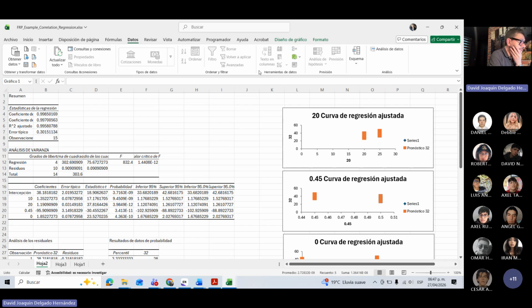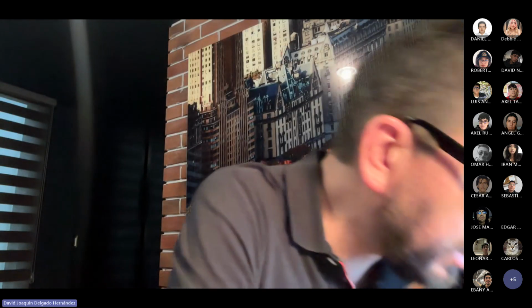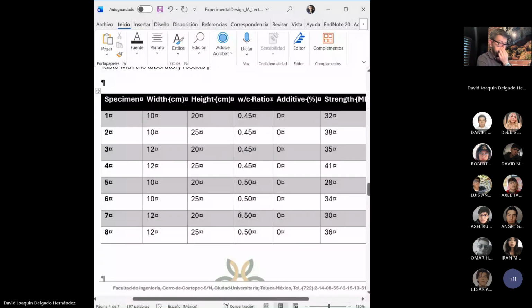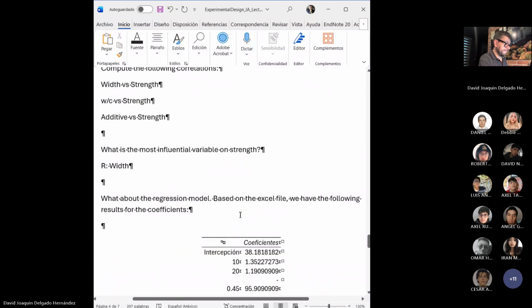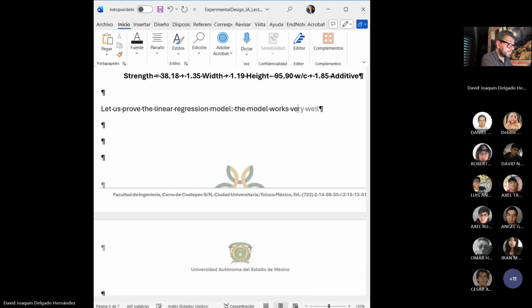So let me stop sharing this, and let me share the Word again. Here we are. Okay. So this is the model. So the model works very well. Perfect. That's it. Any questions?